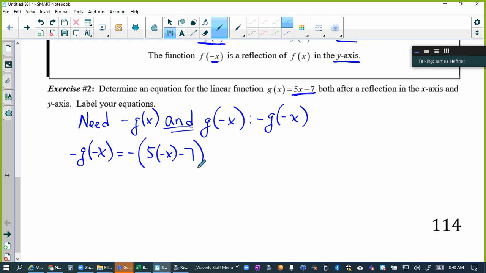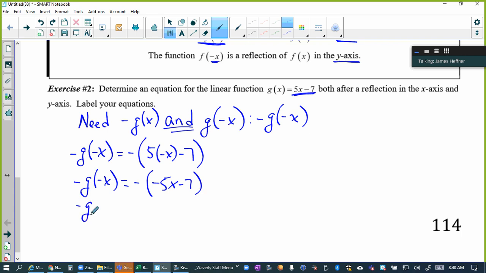So let's simplify this. So negative g of negative x, let's handle this negative here in a bit, would be what? What's 5 times negative x? Negative 5x minus 7, right? Now let's distribute through that negative on the outside.